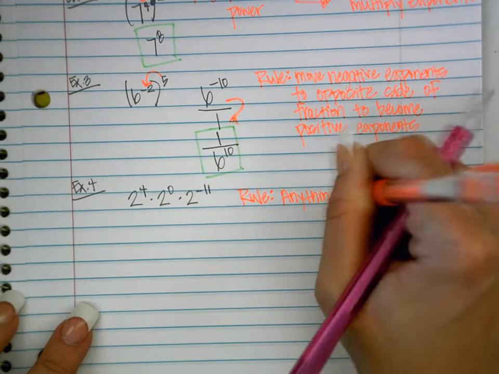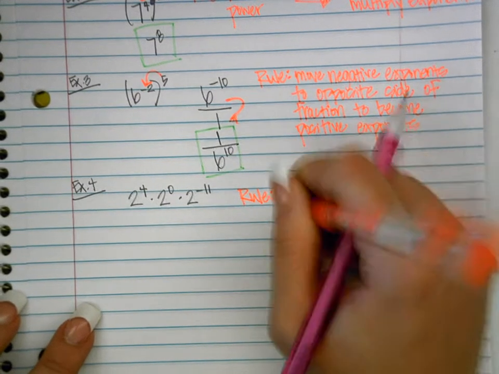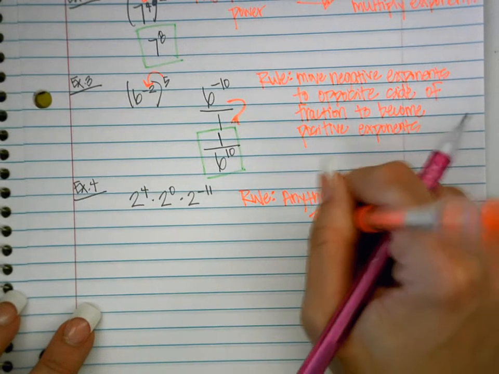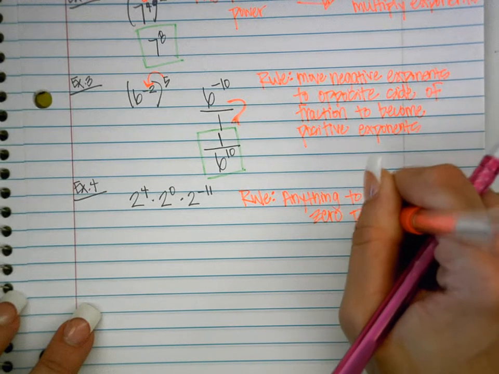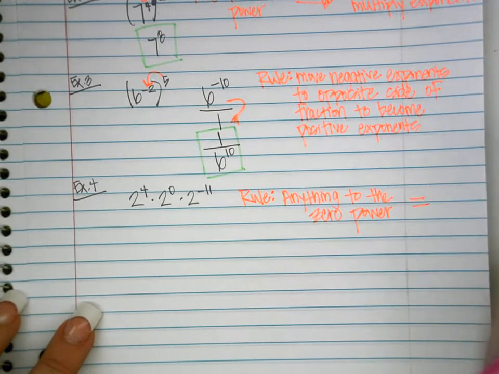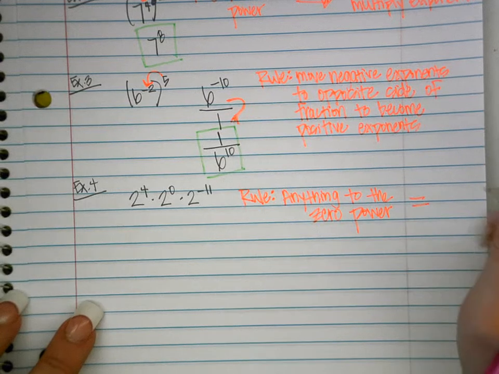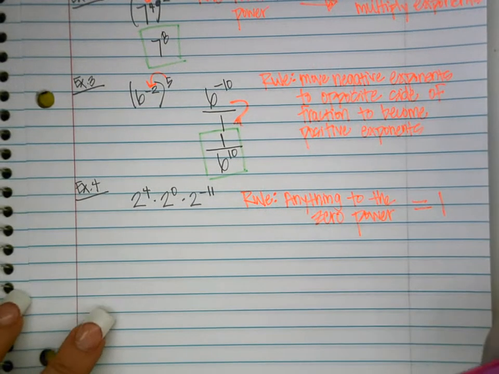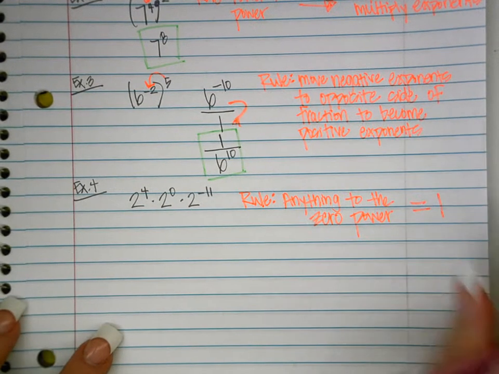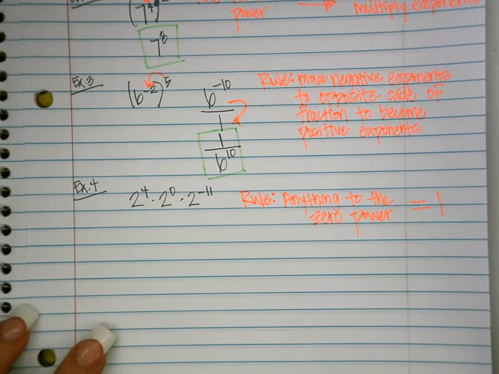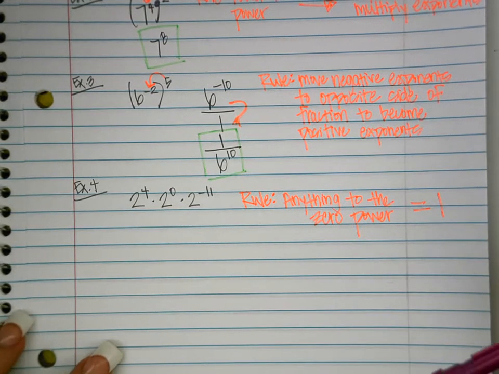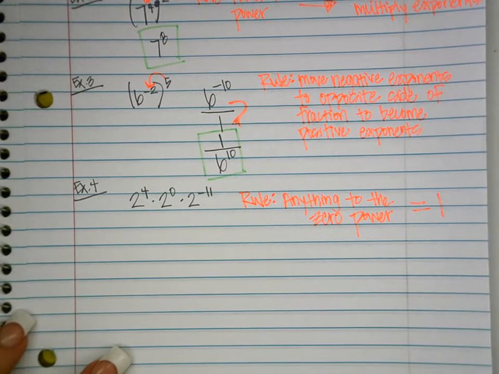Anything to the 0 power equals what? Does anyone know? Anything to the 0 power equals what? 0. Equals 1. Okay, anything to the 0 power equals 1. Not times 0, but anything to the 0 power equals 1. So literally, this one just goes away.